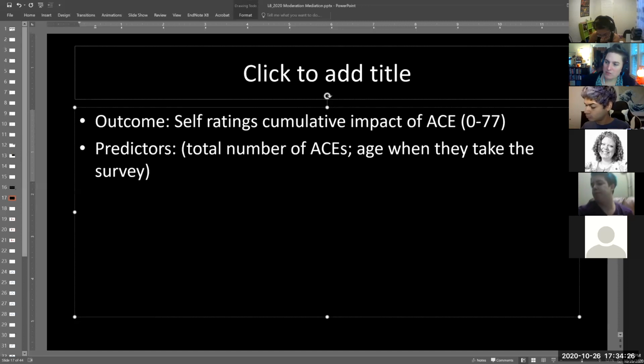So the idea being that maybe if you had these adverse childhood experiences when you were 2 or 3 years old, and now you're 60 years old, you won't feel like they had as much of an impact on your life. Potentially, yeah. So that's the question we're asking: does the severity or total number of ACEs predict their cumulative impact, and is it moderated by how old they were when they took the survey?